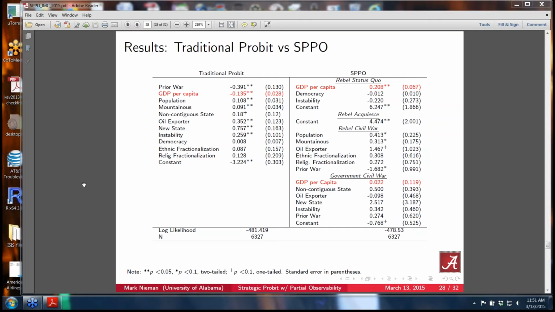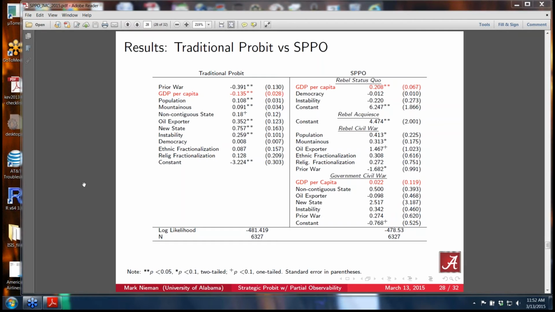Ultimately, it might be okay to just put all the regressors for the rebels, or for the first player's move, into the utility for, in this case, civil war for the rebel outcome, because that's going to be a probability weighted gap anyway. In other words, what do you gain by putting the same thing into the status quo? Because instead of subtracting A minus PB, now you're just saying it would be something like 0 minus PB over A. In other words, you're just normalizing them.